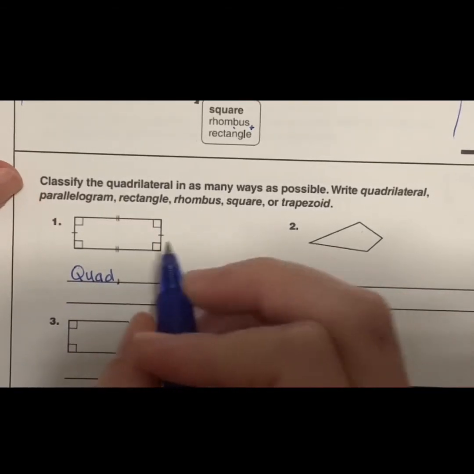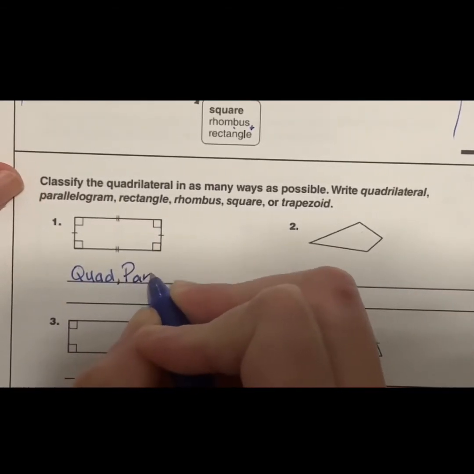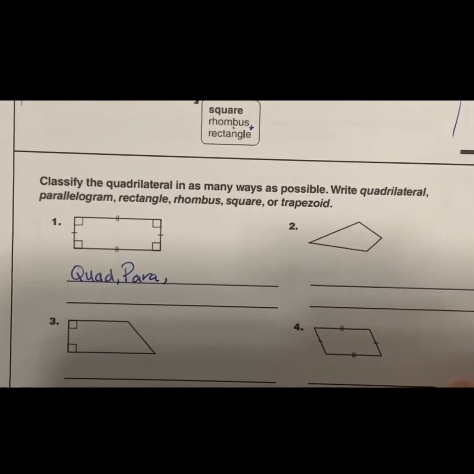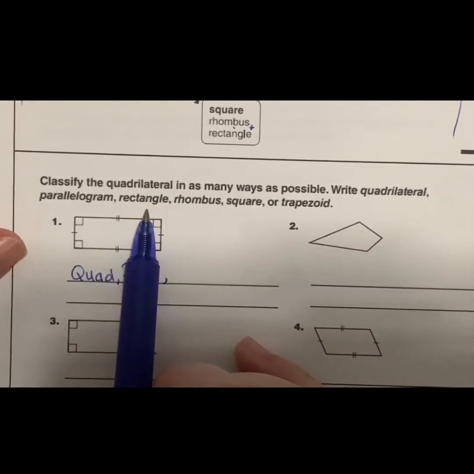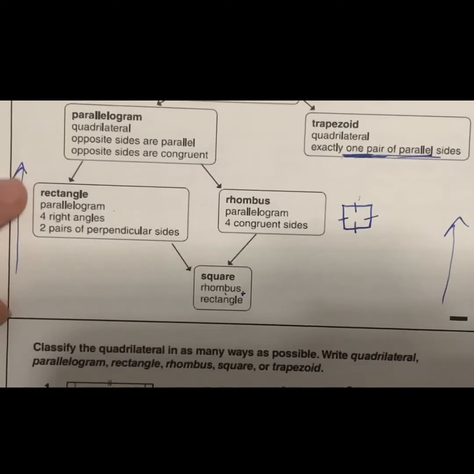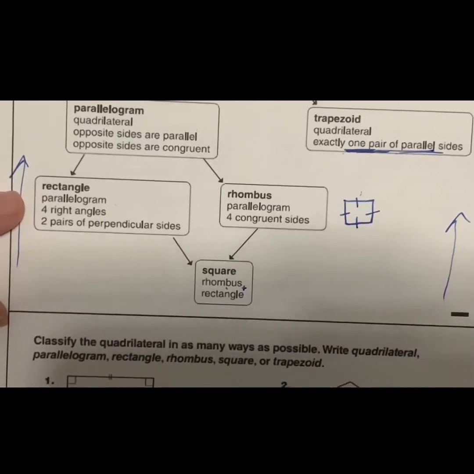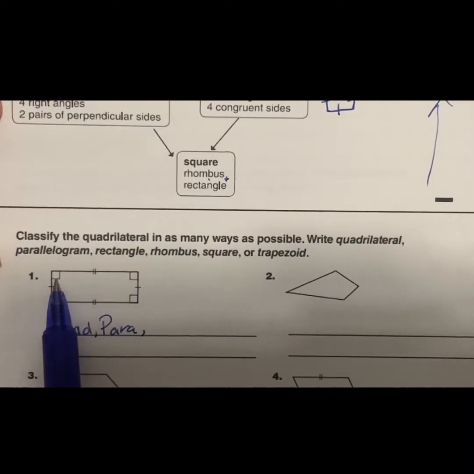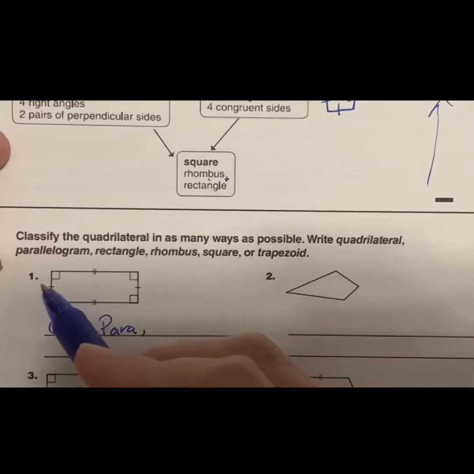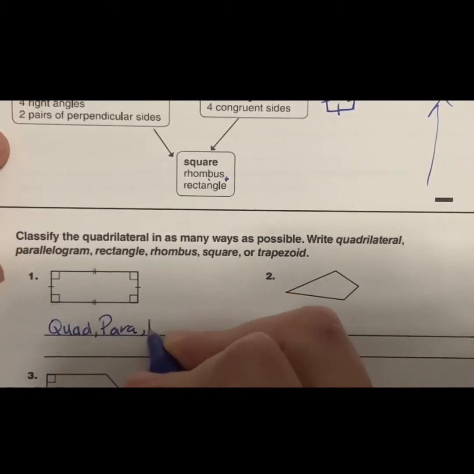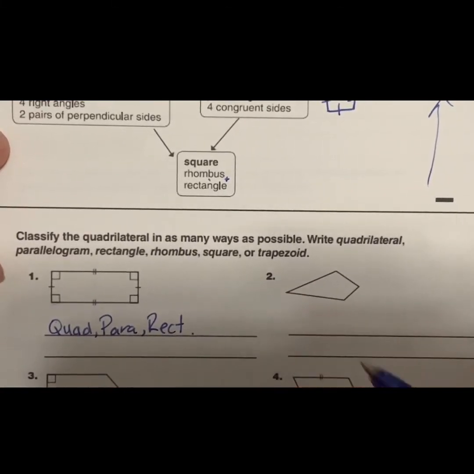So yes, this is a parallelogram. All right. Is it a rectangle? Well, let's see. A rectangle says it has to be a parallelogram. We already have that down. 4 right angles, the right squares, these are all right angles, and 2 sets of perpendicular sides, so this is also a rectangle. So this shape is considered a quadrilateral, a parallelogram, or rectangle.